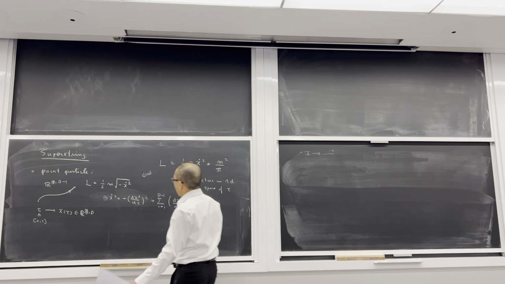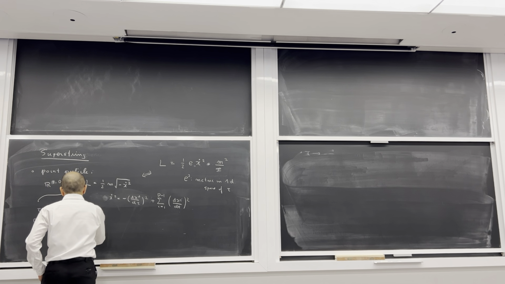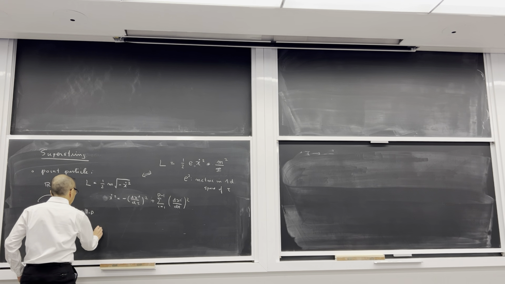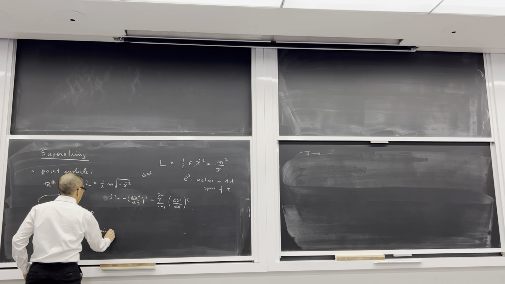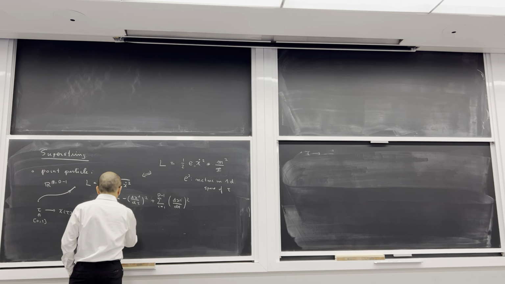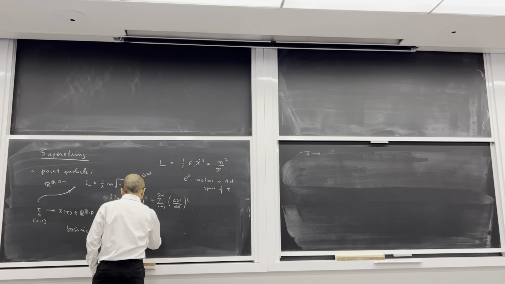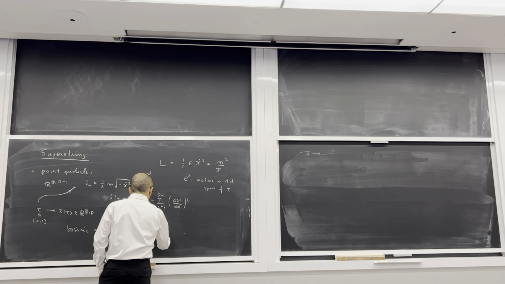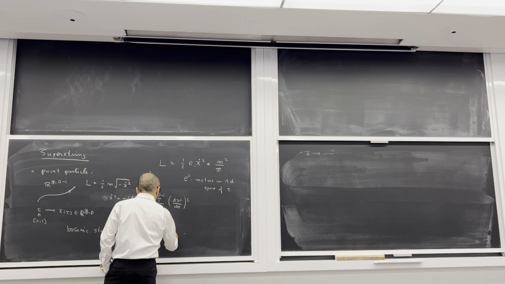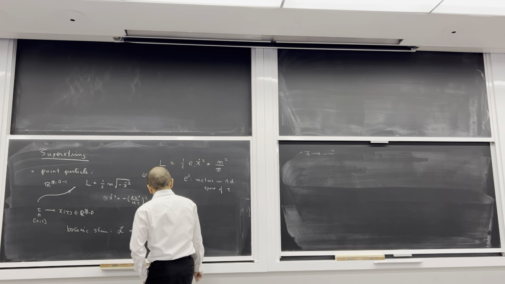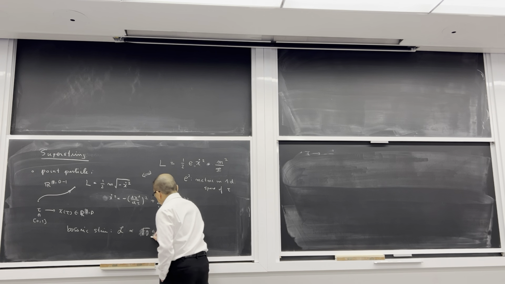Remember that in the bosonic string, we had the Lagrangian density which goes like the square root of G, G mu nu del mu xi del nu xj, and this is the worldsheet metric.